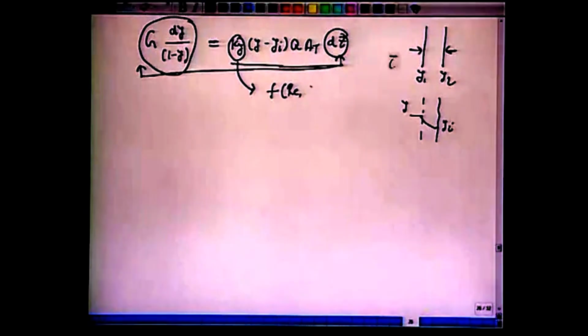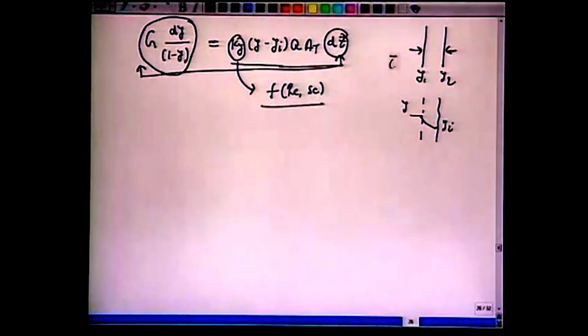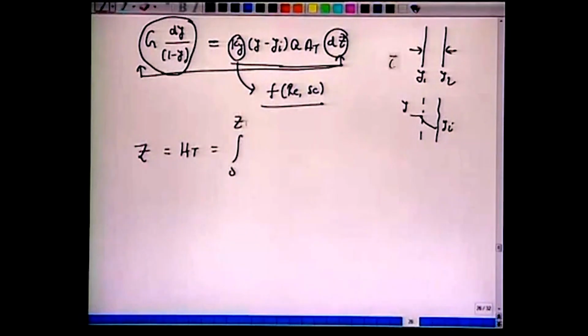And we have now introduced this ky, not an unknown quantity. We have earlier said that this ky should be calculated from the operating conditions, knowing Reynolds number, Schmidt number. So, now we have the height of this column, or Ht, height of the tower, equals the integral from 0 to Z of dz, and then this will be equal to the integral from y2 to y1.